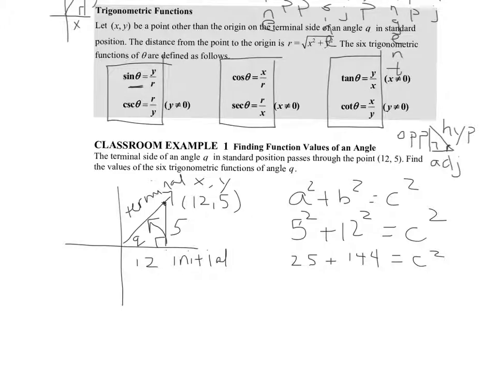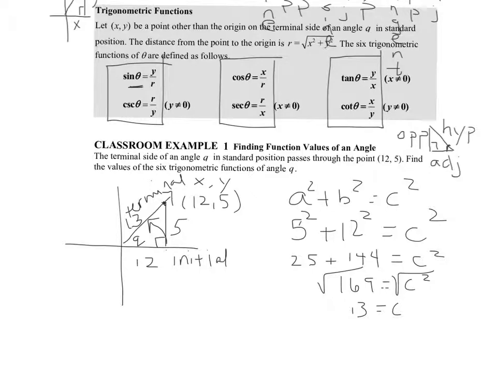So if I add those together, I get 169. And to find c, I would need to do what? Take the square root. Excellent. And because it's a length, I'm always going to use the positive value. The hypotenuse will always be a positive number. How long is my hypotenuse? 13.